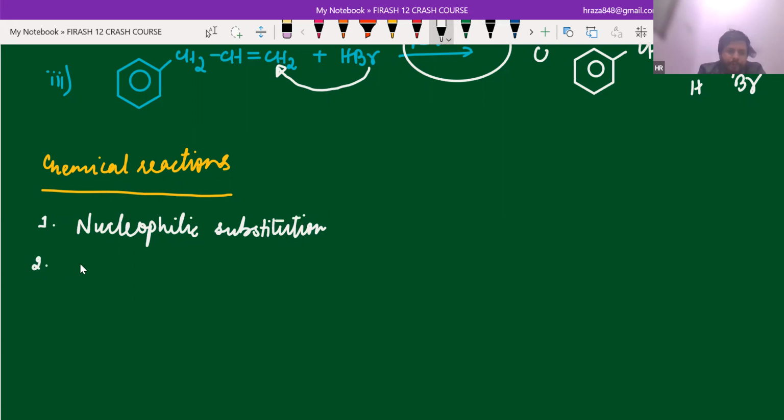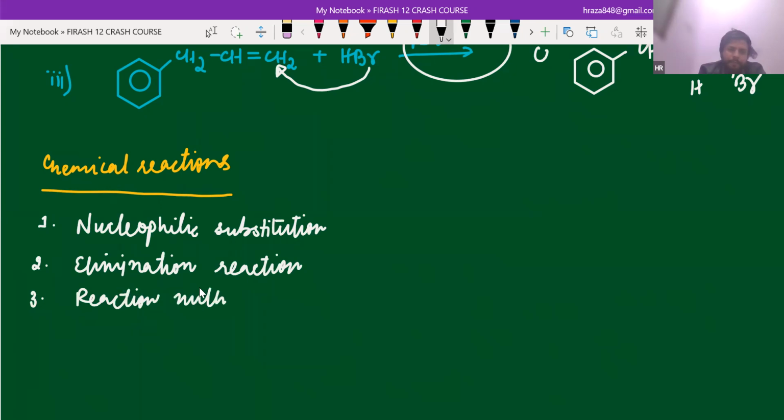The second is elimination reaction. And the third one is reaction with metal. Is that clear? So we are going to start with the nucleophilic substitution reaction.